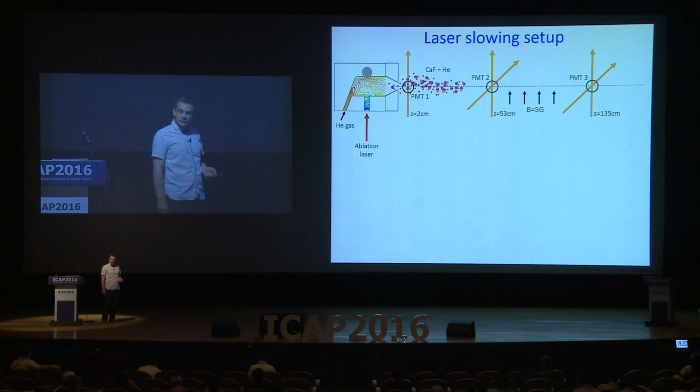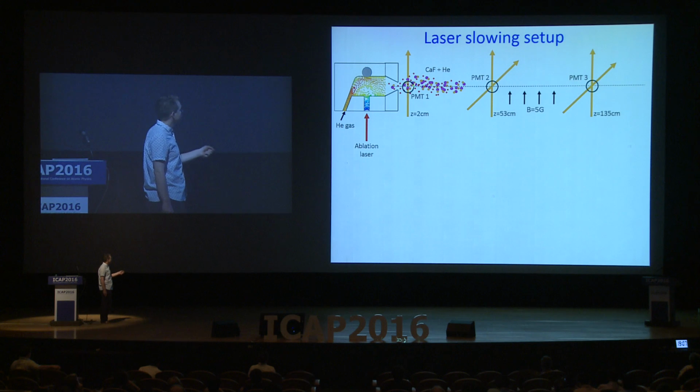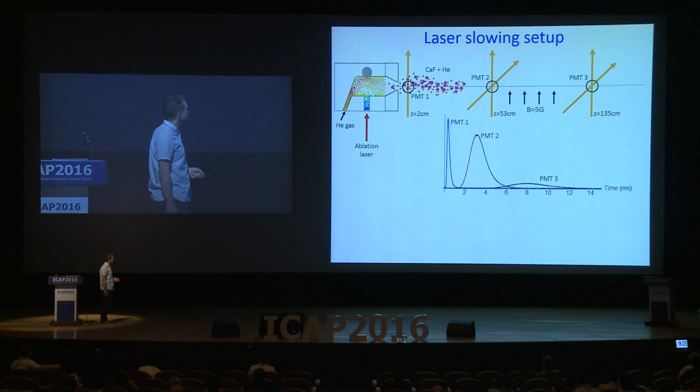We've concentrated a lot on the laser slowing step, so I'll say a little bit about that. This is the setup that we've been working with for the laser slowing. We detect these molecules 3 times by laser-induced fluorescence detection on these 3 photomultiplier tubes here. This graph is showing you the time of flight profile of molecules passing through each of these 3 detectors.